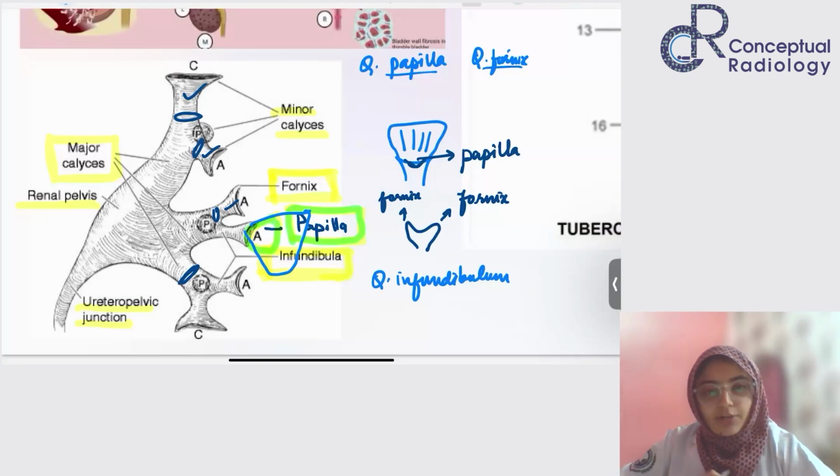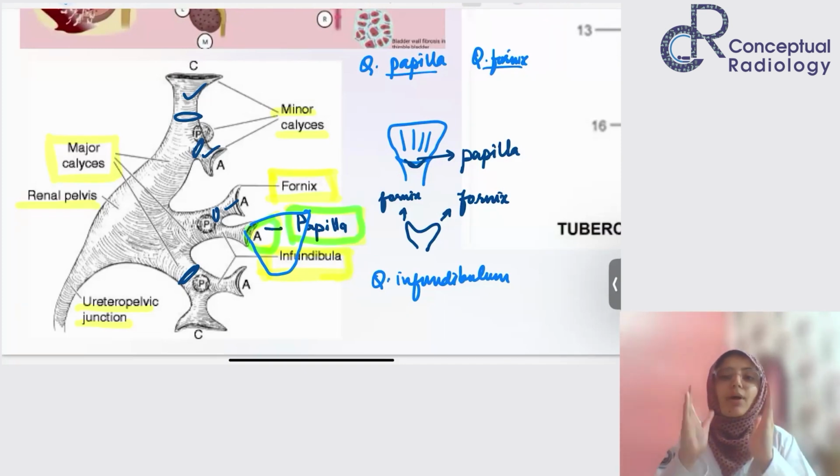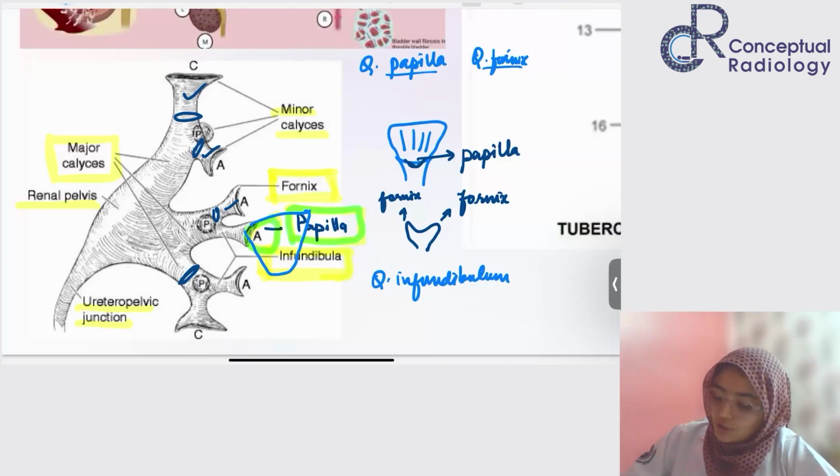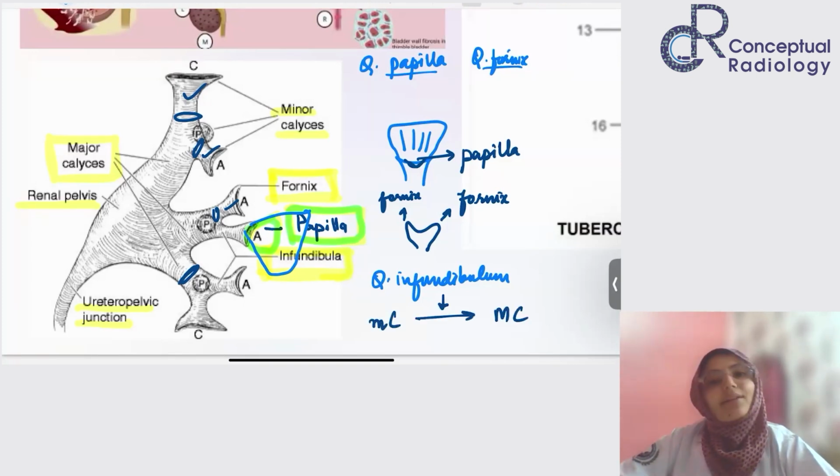It is the outlet from the minor calyces coalescing to form the major calyx via the infundibulum. So of course, the infundibulum is also a part of the collecting system. The entry point from minor to major calyx is the infundibulum.